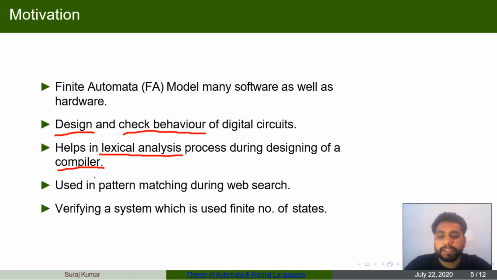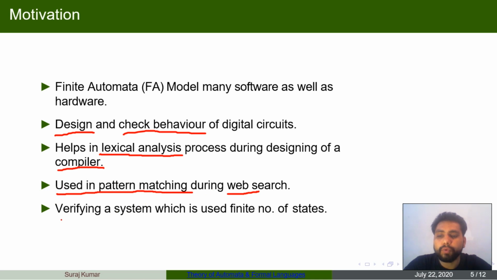Sometimes you search something on the web or in Google. Let's say you want to search for an example of finite automata, so you just write finite automata example. The keywords finite, automata and example are usually mapped with web pages. So automata are used in pattern matching on the web.